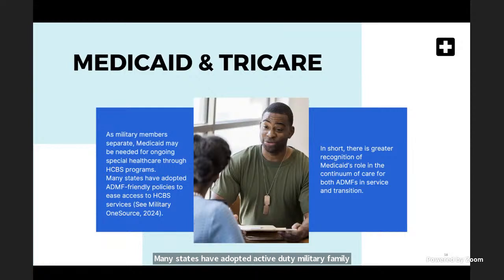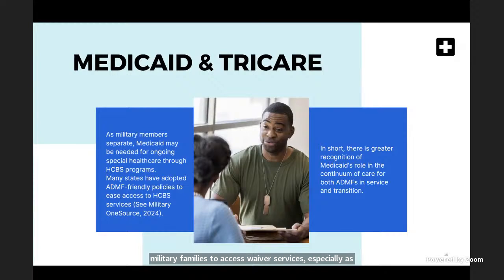And here is something I want to emphasize, the role that the Department of Defense's state liaison officers have been playing, and that is trying to encourage states to change residency requirements that have created an impediment for military families to access waivered services, especially as they transition from the military.